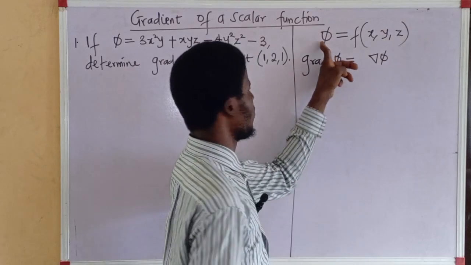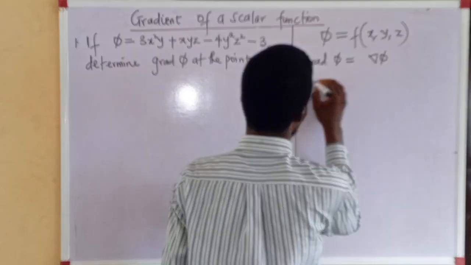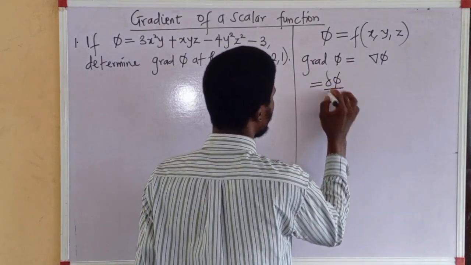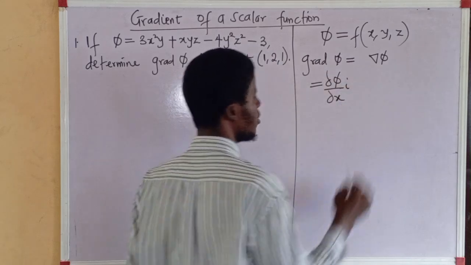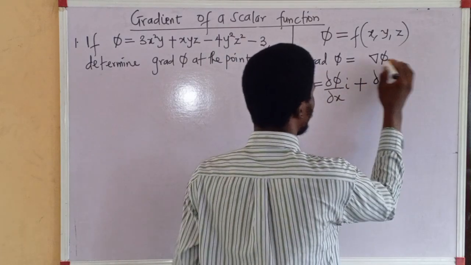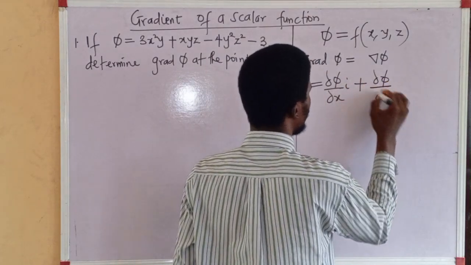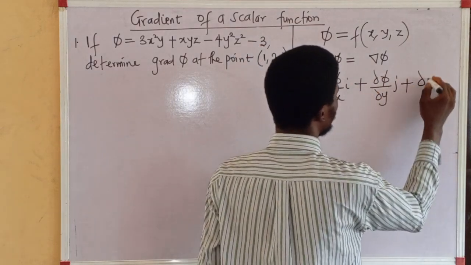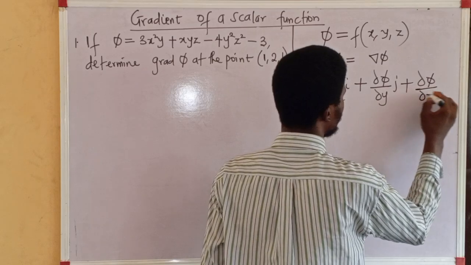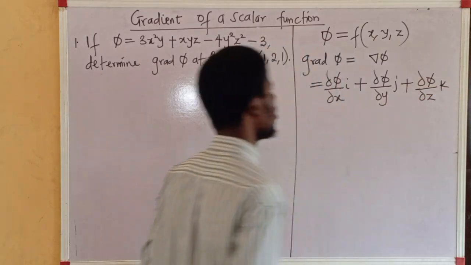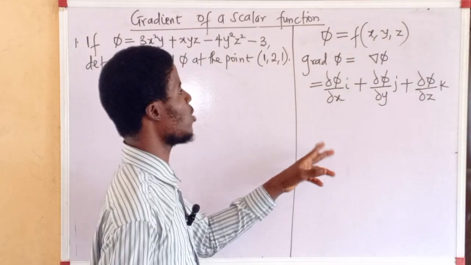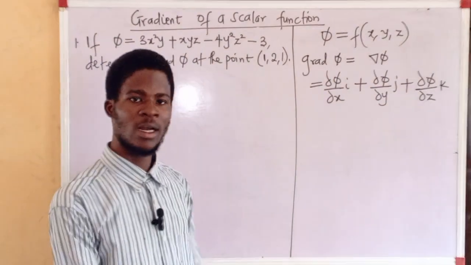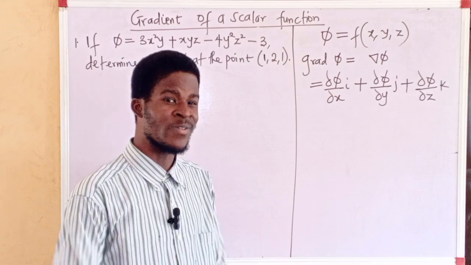The gradient of phi is equal to this: the partial derivative of phi with respect to x times i plus the partial derivative of phi with respect to y times j plus the partial derivative of phi with respect to z times k. So you can see that the result is a vector function. So the grad operator acts on a scalar field to produce a vector.